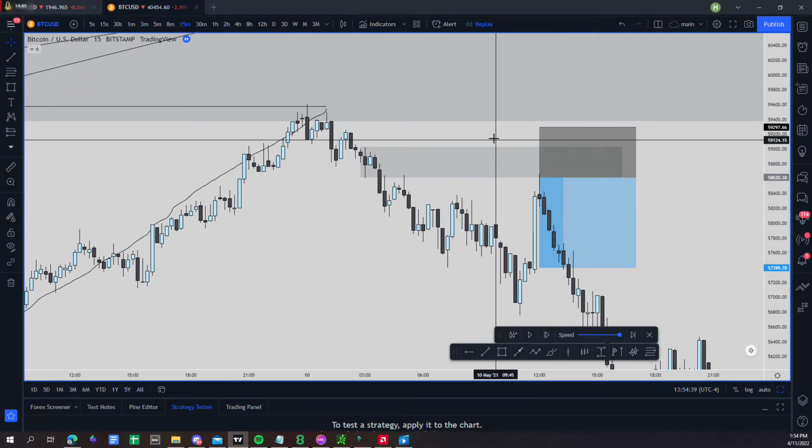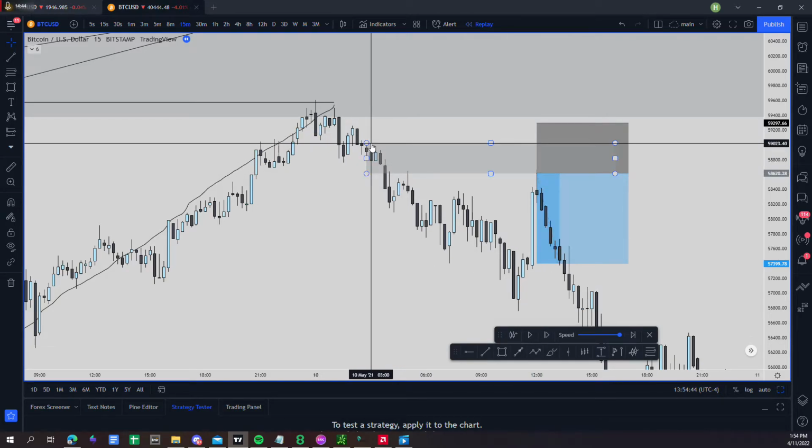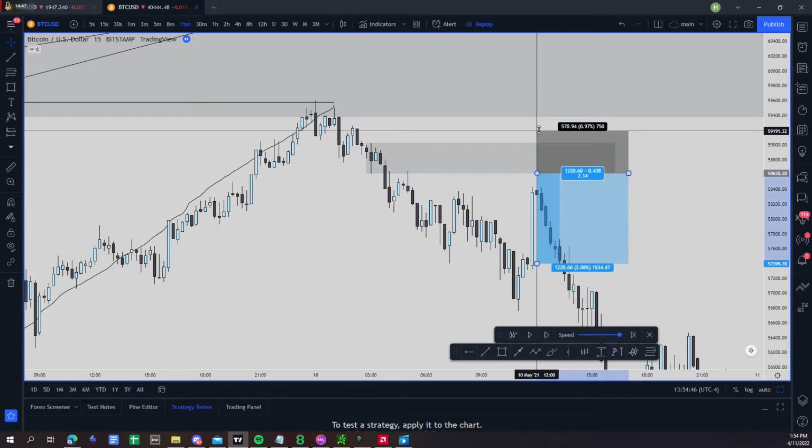Or you could have loosened it up a little bit under the assumption that we might come back up, form equal high into the supply to then go short, and that's totally fine.